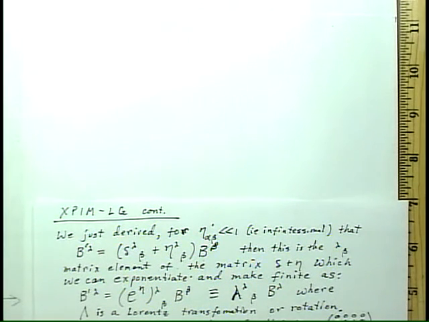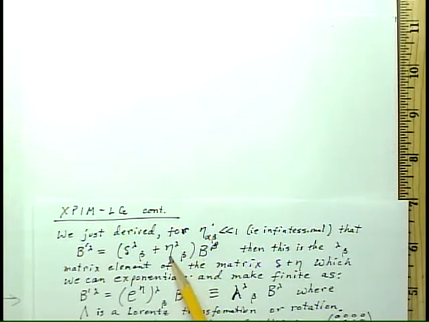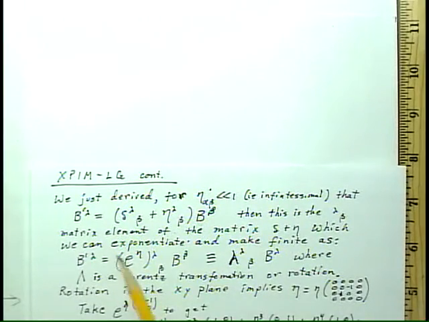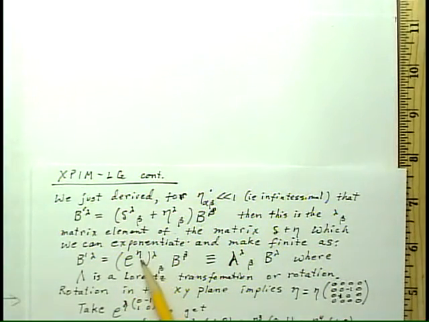In other words, what we're saying here is imagine that this transformation right here is the expression 1 plus eta, and this is the lambda beta matrix element of the expansion delta plus eta. And since eta is infinitesimal, if we were to repeat that again and again and again, it would take the form of e to the power eta.